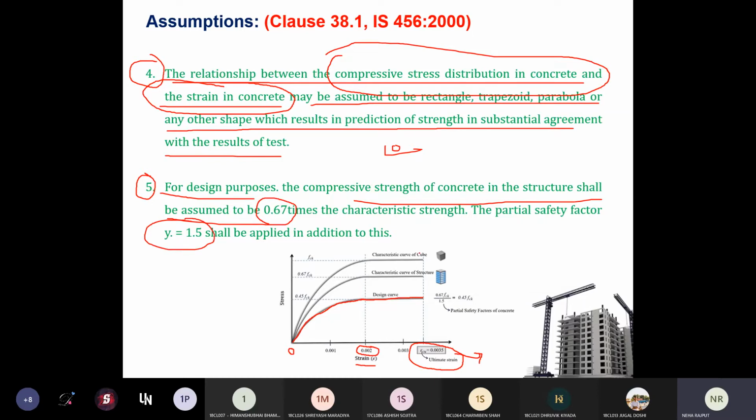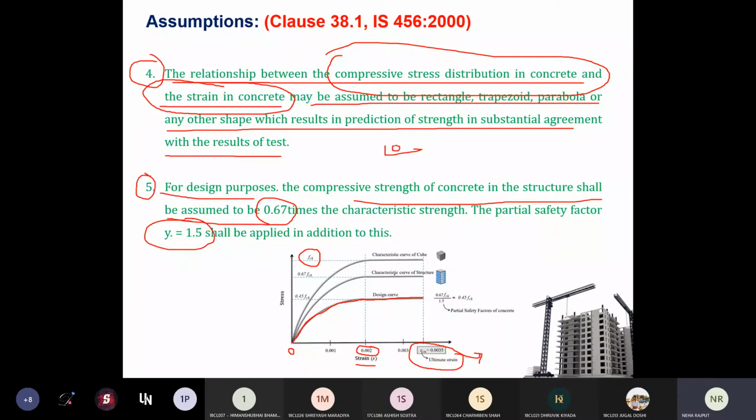So here it is mentioned, as I explained earlier, that in a laboratory you will get the characteristic strength of the concrete, which you can denote as FCK as per the grade of concrete you have prepared.